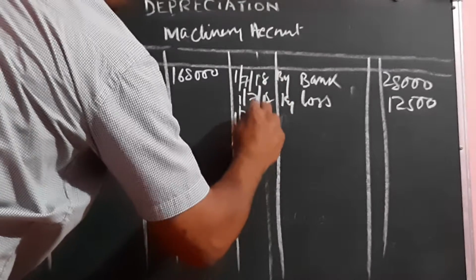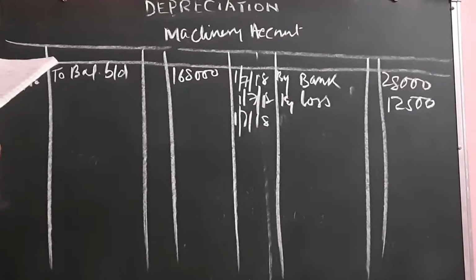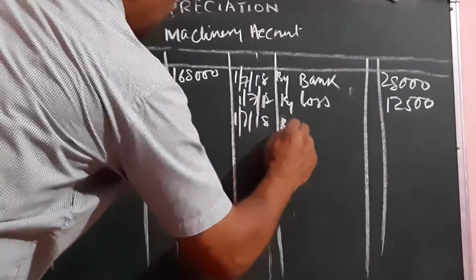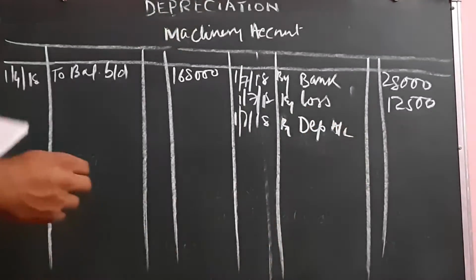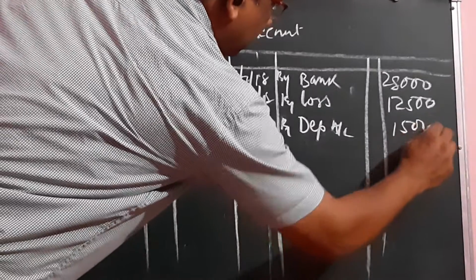And the depreciation charge for that particular machine, by depreciation account, is 1,500, depreciation for 3 months.